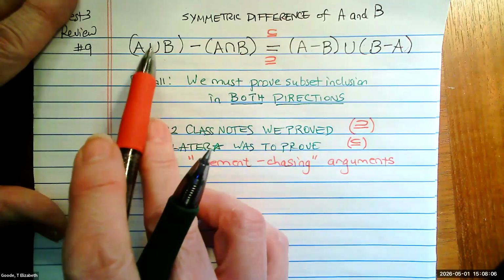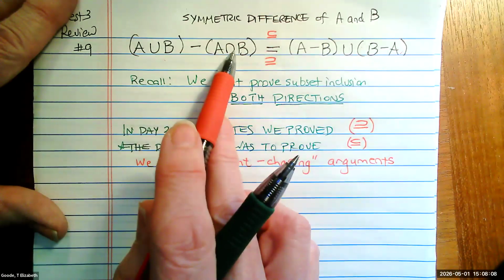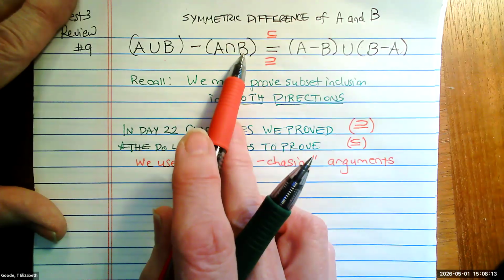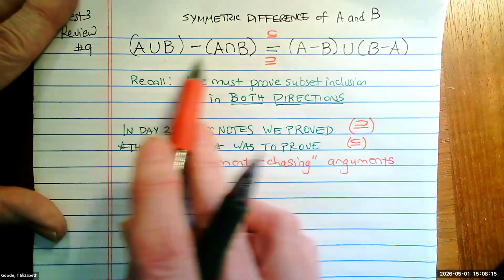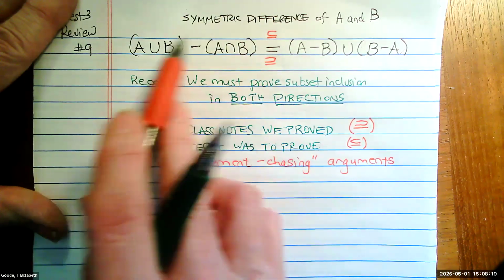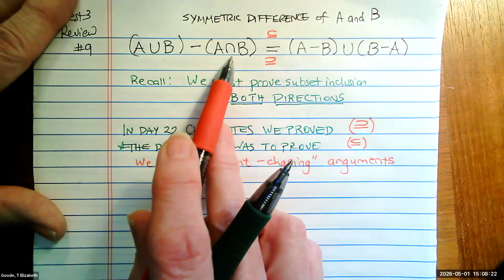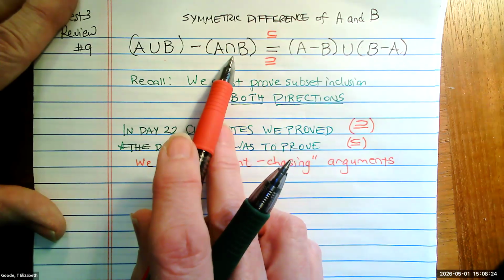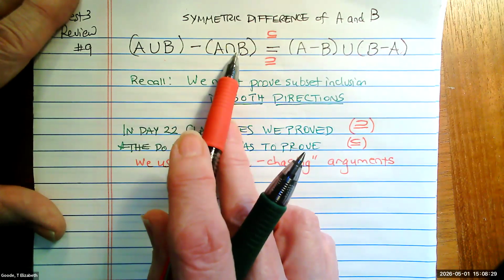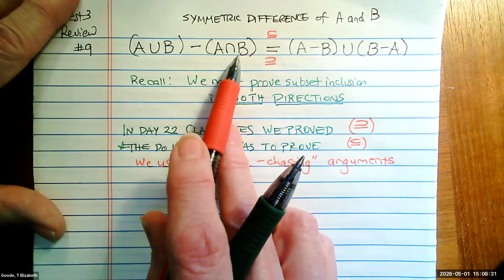Okay, remember? When you have an element in this set on the left, once you assume X is in this set on the left, you're going to break down what it means for an element to live in this set. And do you remember that we break down a compound set in the opposite order that we would build it?